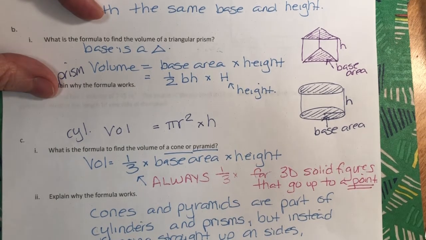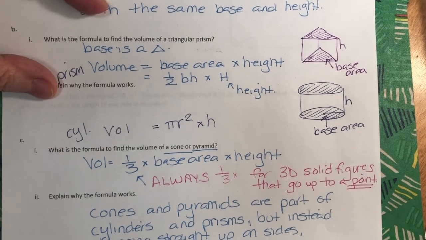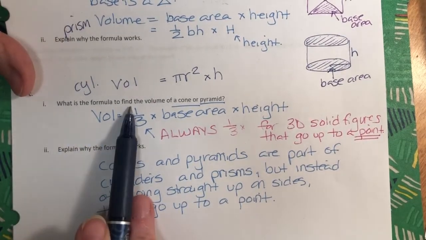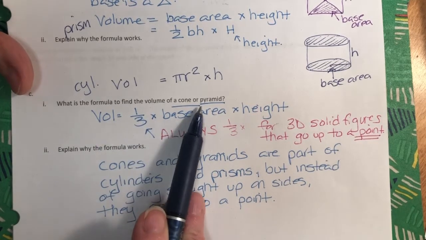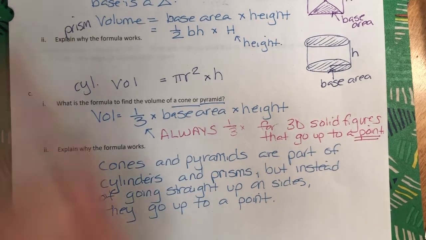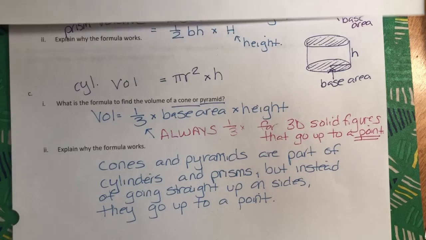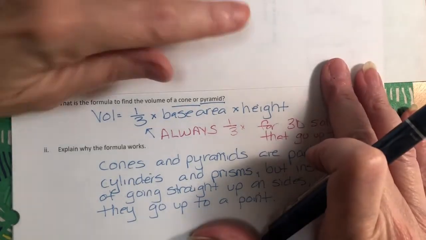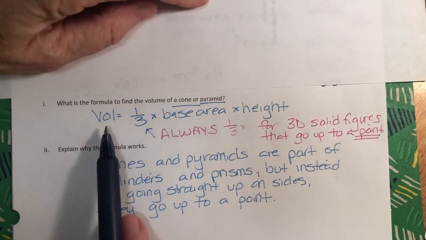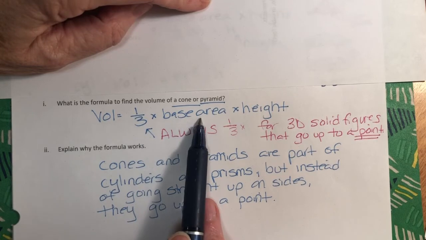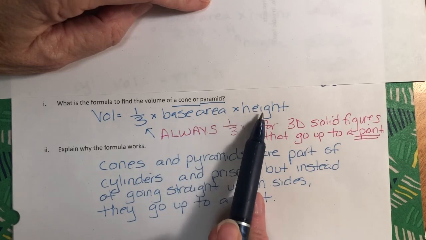And the pattern is, this is the part that you want to write down. The formula for the volume of a cone or a pyramid. The volume is 1/3 times. So this is what we're doing right now. You're writing notes. The volume is 1/3 times the base area times the height.